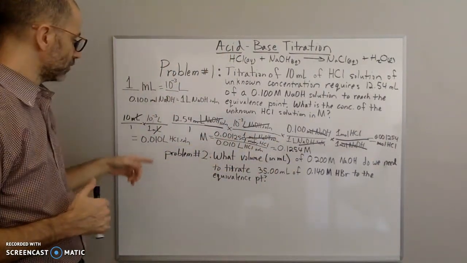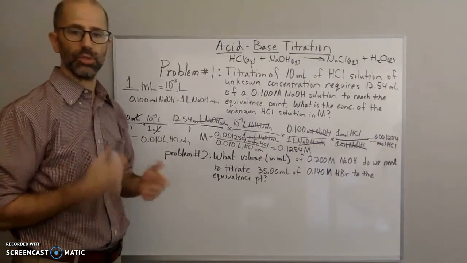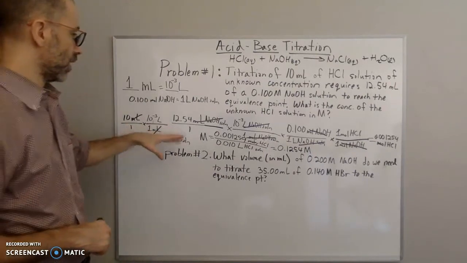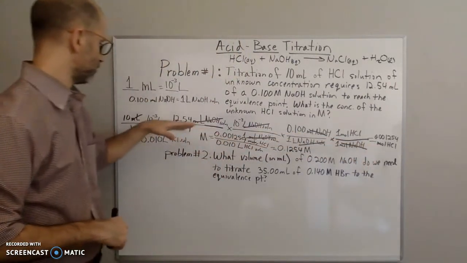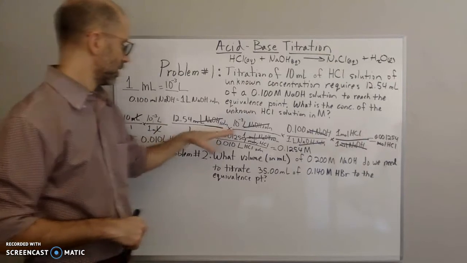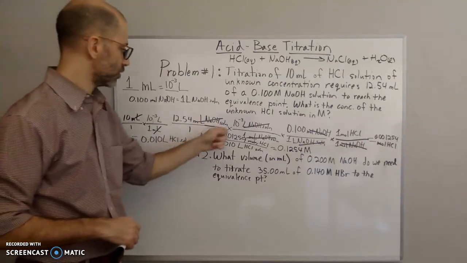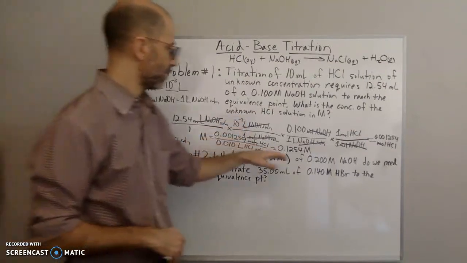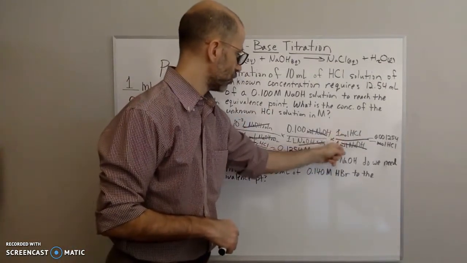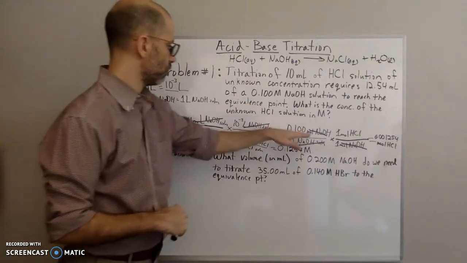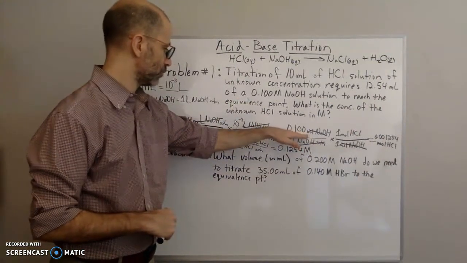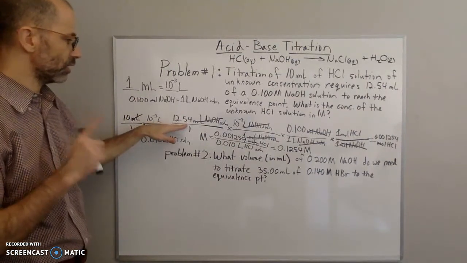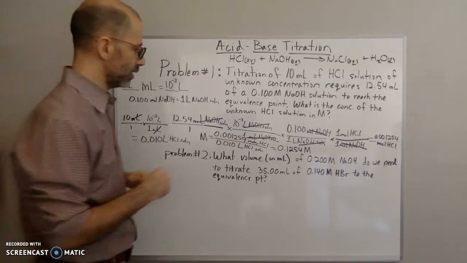And now I have to check my sig figs. Since to get this number I had to multiply and divide, I look at the numbers that are not exact. My 1 milliliter to liter, that's exact, so I can ignore that. The 1-to-1 ratio, that's exact, so I ignore that. So the molarity I have is 3 sig figs, and the volume is 4, so the smallest number is 3.